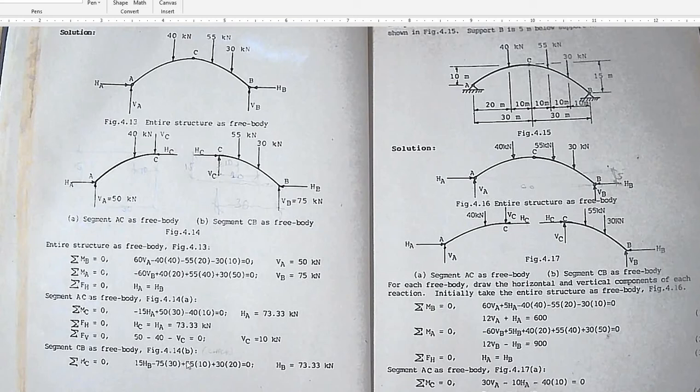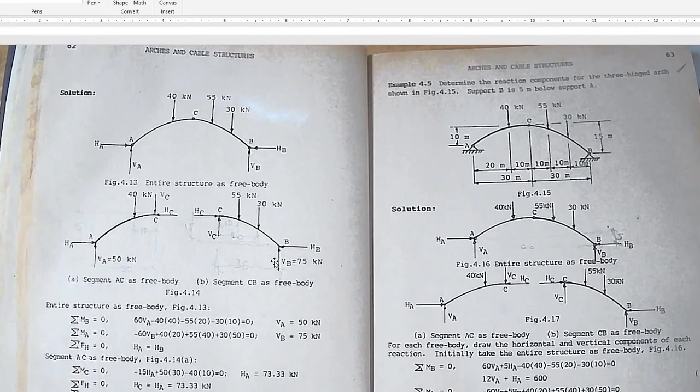This can also be used as a check, since we have already solved H sub B. Take note that H sub A is equal to H sub B, which is 73.33. So summation moment at C can also be used as a check.